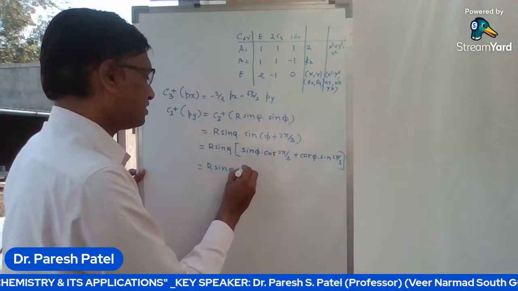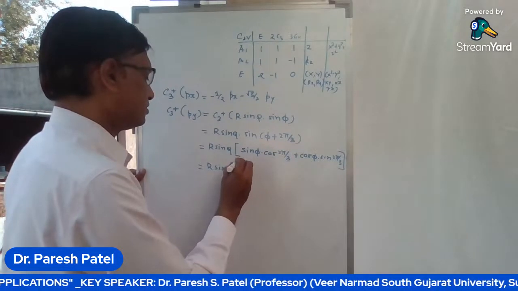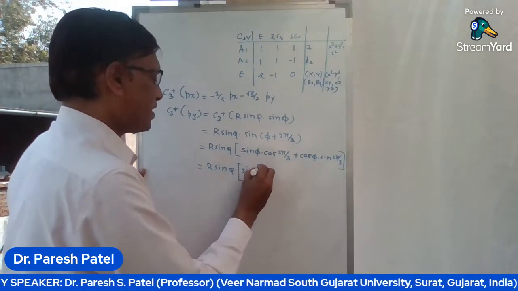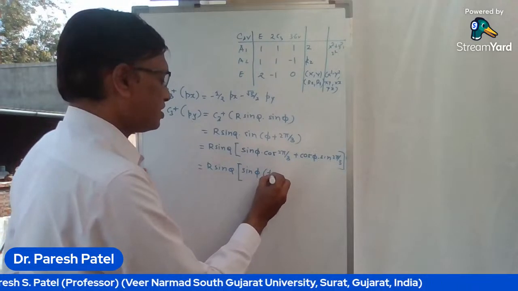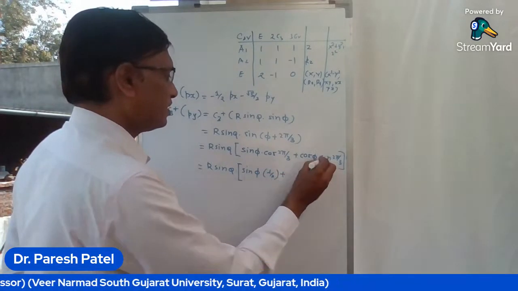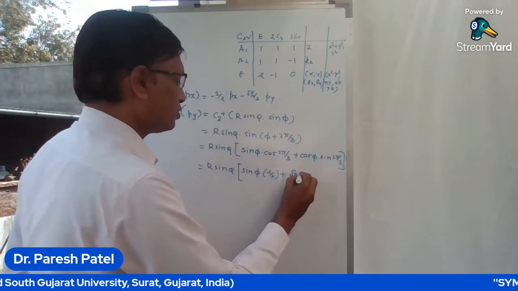Here cos 2 pi by 3 is equal to minus 1 half, and sine 2 pi by 3 is equal to root 3 by 2.